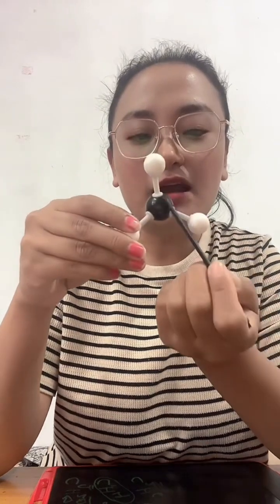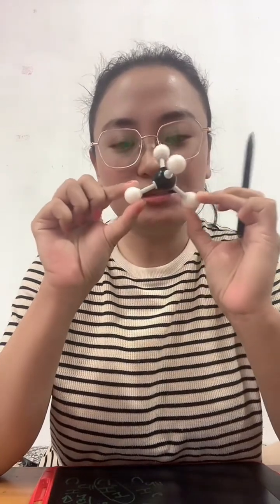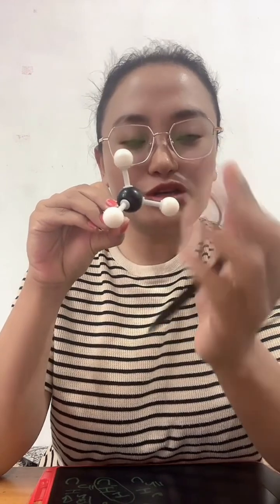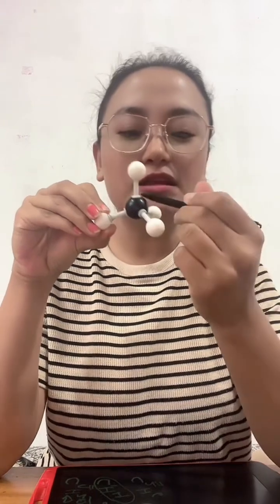See here, carbon has 4 bonds, 1 2 3 4. So you can't add one more hydrogen here, because carbon has only 4 arms, 4 valencies. Carbons combine through only 4 hands, so the valency limit applies.